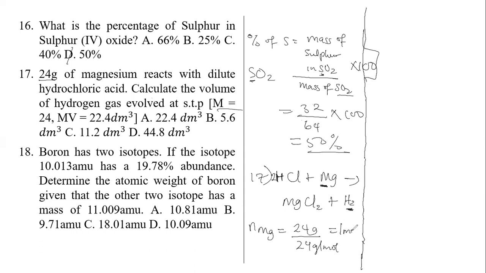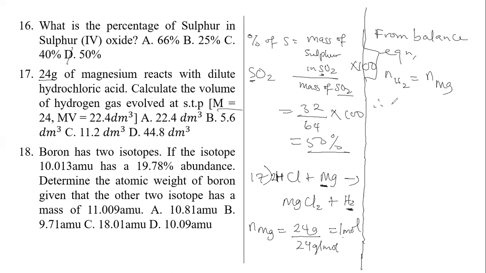That's going to give you 1 mole. Now from the balanced equation, you can see that there is 1 mole of magnesium, 1 mole of hydrogen. So the mole of hydrogen is the same thing as the mole of magnesium.